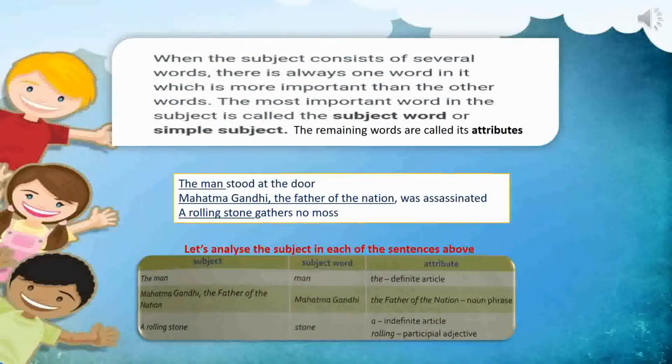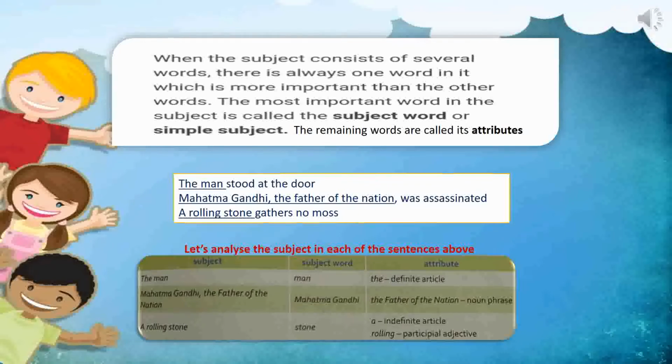And when the subject consists of several words, there is always one word in it which is more important than the other words. The most important word in the subject is called the subject word or simple subject. The remaining words in the subject are called its attributes.